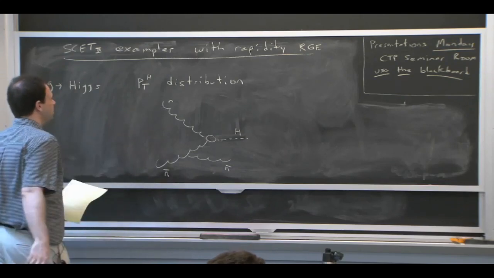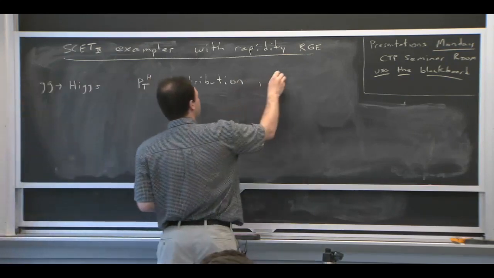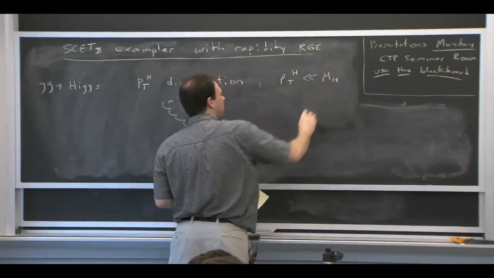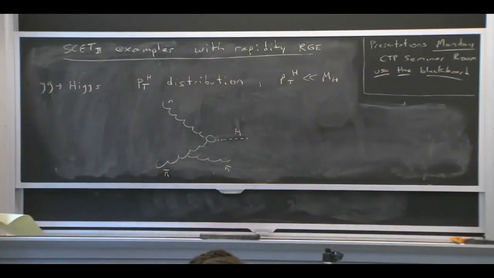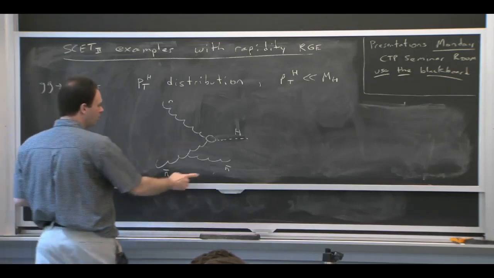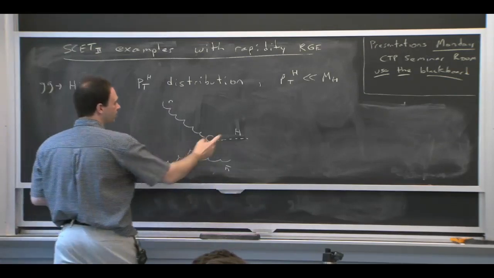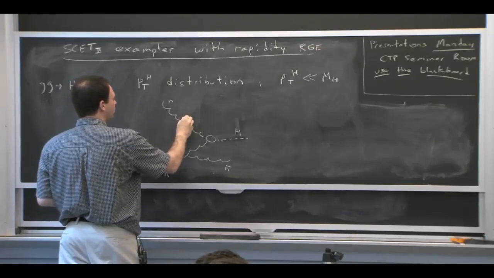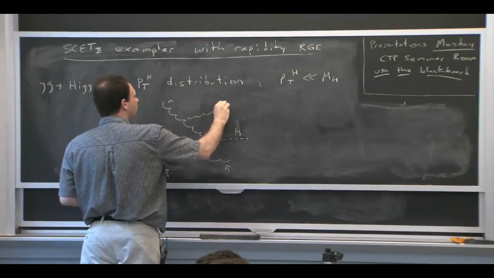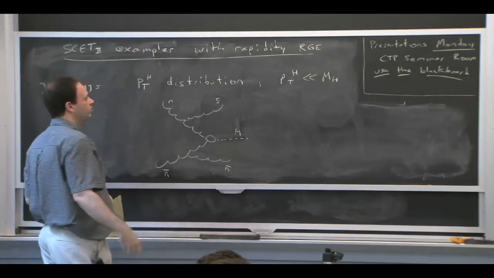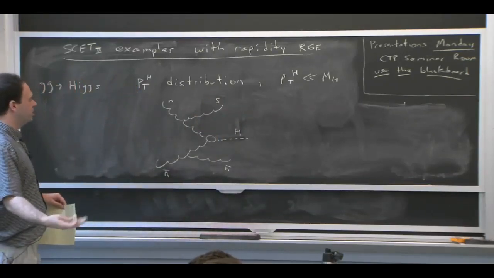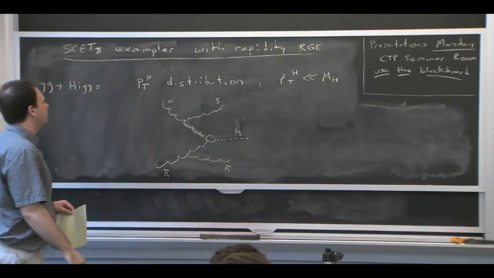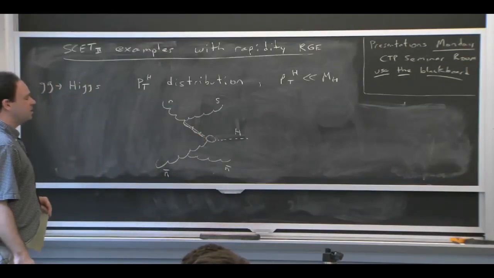If we have a PT_H distribution and we think about the limit PT_H much less than the mass of the Higgs, there are some logs that you would want to sum, for example. So you could have collinear modes in the final state that would fit within this kind of kinematic setup, but you could also have soft modes. Soft modes have the same size of PT as the collinear modes, so they would be allowed, and this propagator here would be off shell. So it's an SCET_II problem.